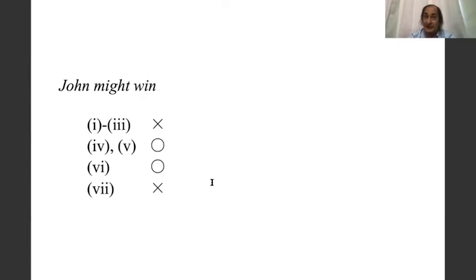It is very good at telling what's possible according to the speaker. So where John has a game coming up tomorrow, and I think winning is a possibility, I can say, well, John might win tomorrow. Okay. It's also possible to use it as a way of achieving a goal.